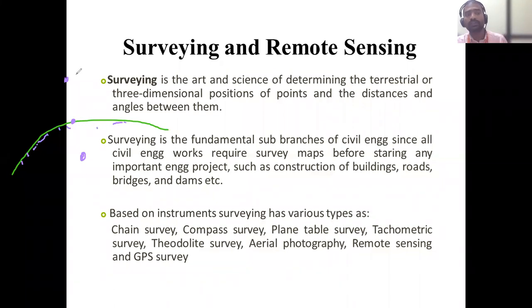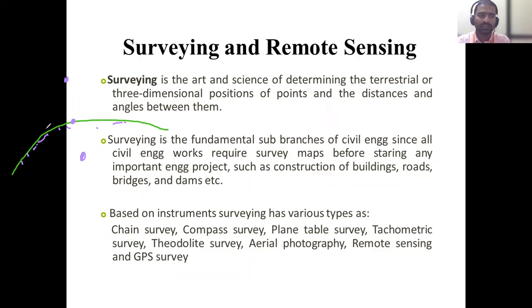I want to find out the relative position of this point with respect to earth or ground, whether the point is on the surface of the earth, above the surface of the earth, or below it. How to measure? By measuring distances or angles: linear measurement or angular measurement.